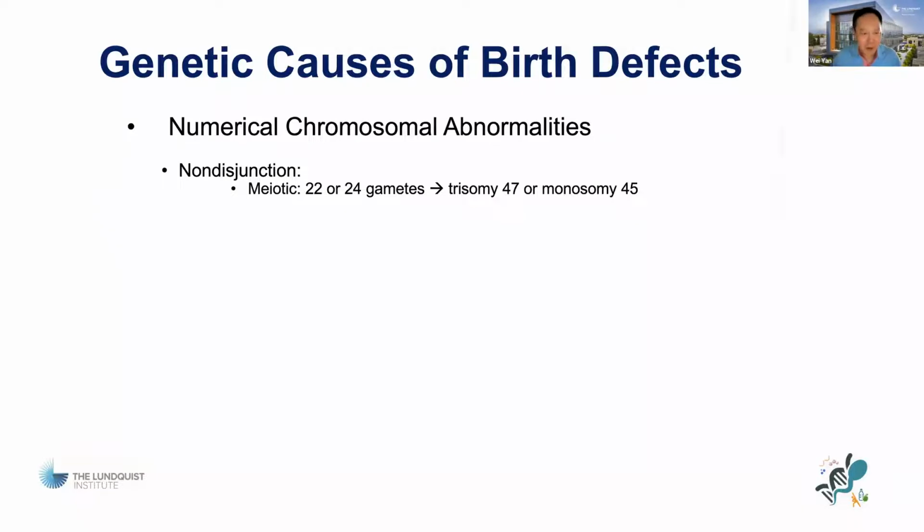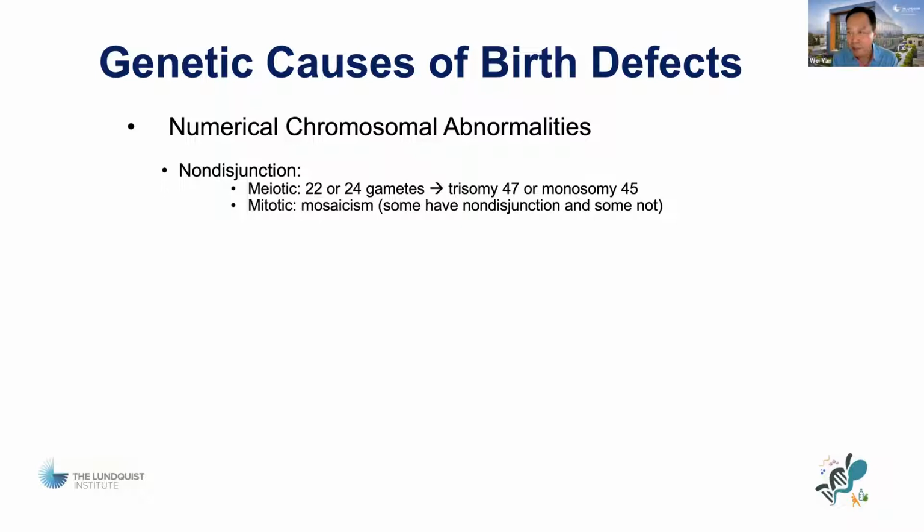However, non-disjunction can also happen in a somatic cell during mitosis. If that's the case, you have so-called mosaicism. A certain percentage of cells, for example in one organ, will have an abnormal number of chromosomes, whereas the remaining cells within that organ have normal chromosome composition. Does it make sense?